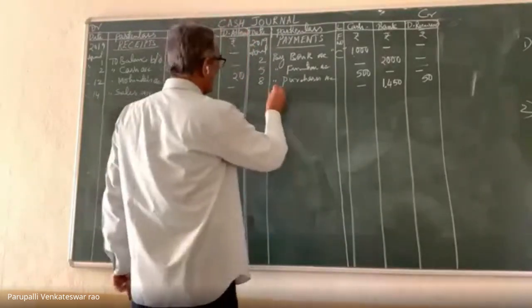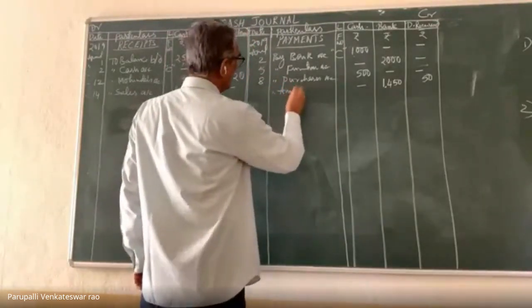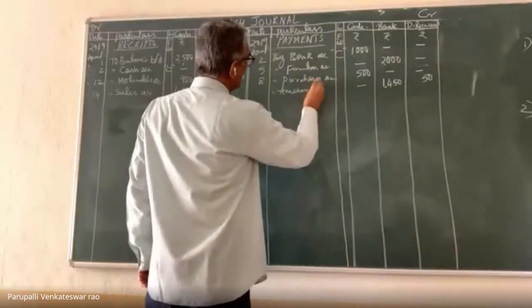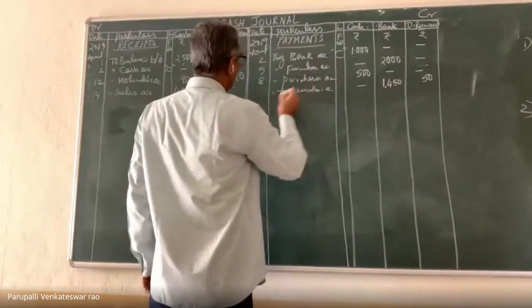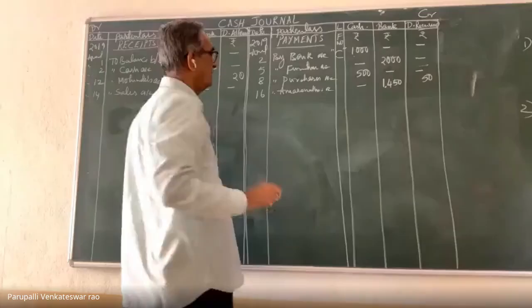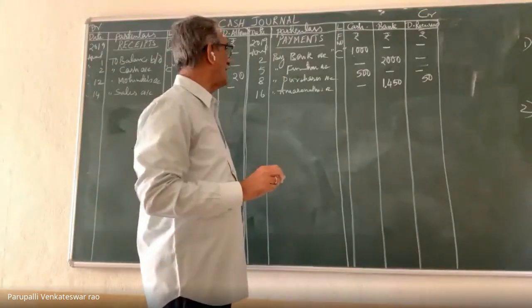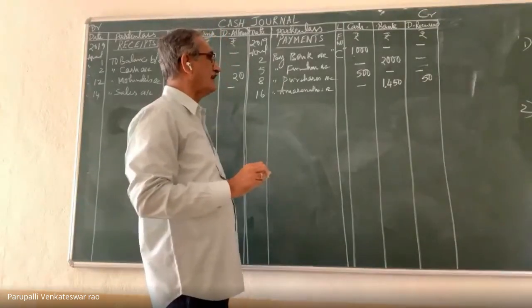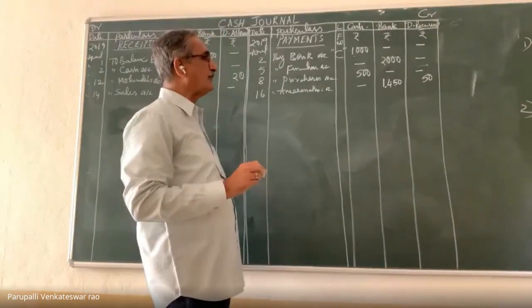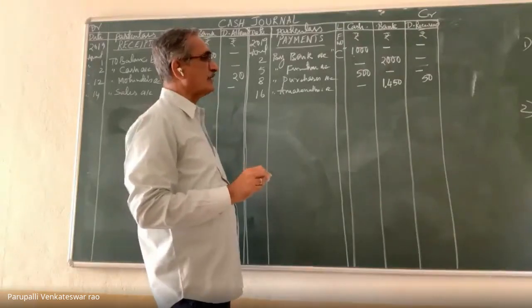So received from Amarnath's account. Date 16. By Amarnath's account. Entry is Amarnath account debit 1500 to bank 1450 to discount received 50.